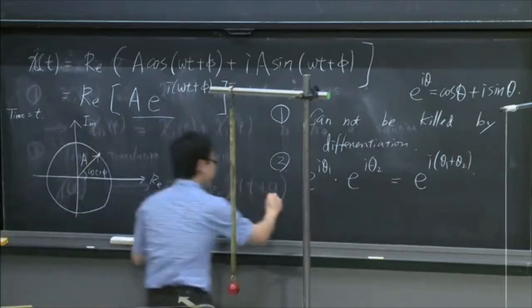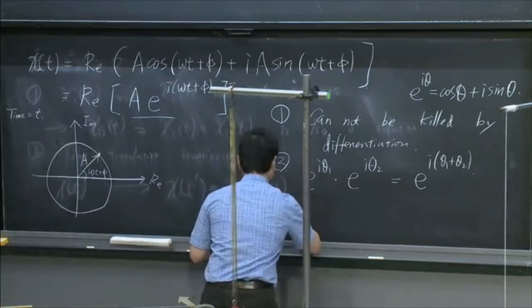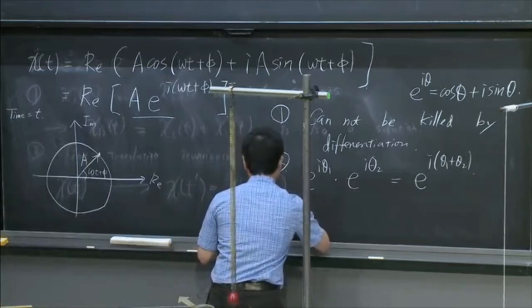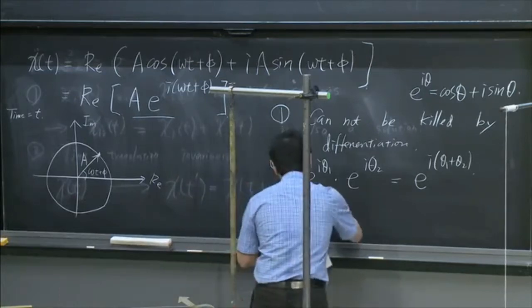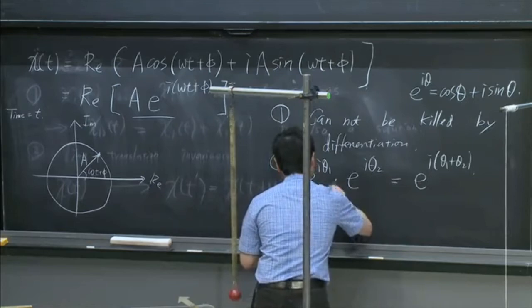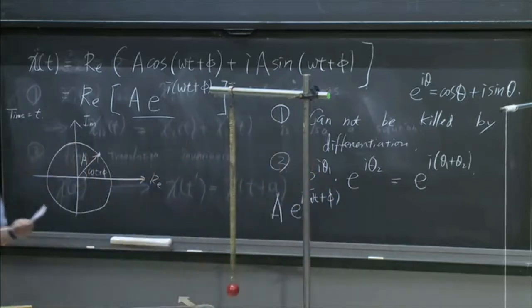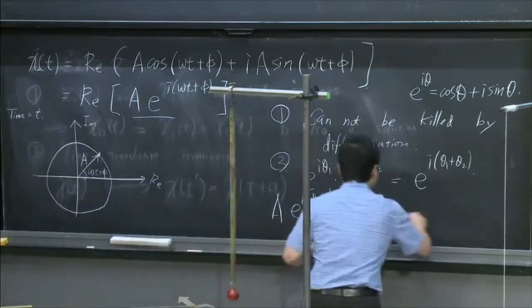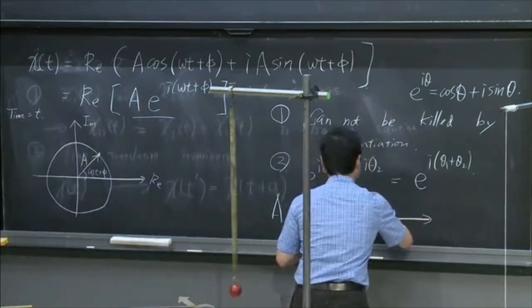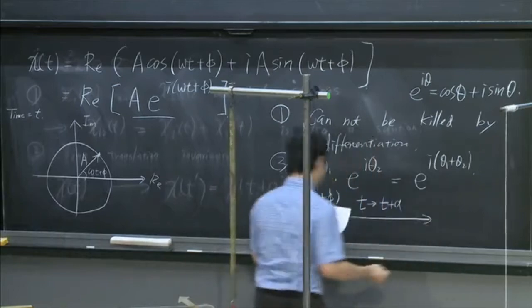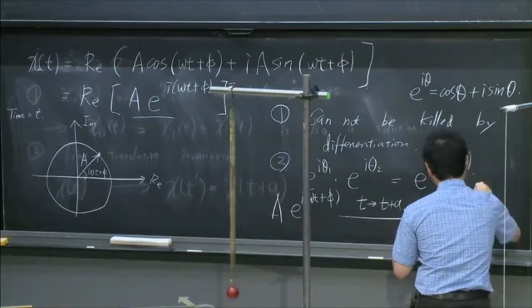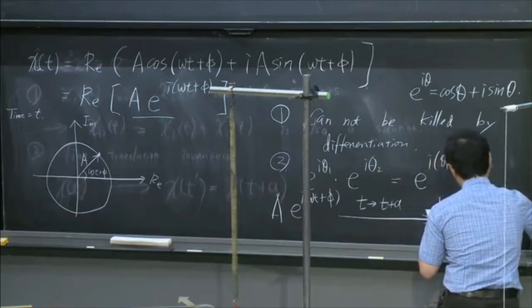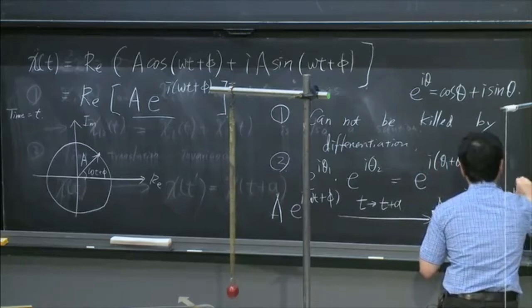That means if I have a solution in this form, A exponential i (omega t plus phi), and I do a time translation, t becomes t plus a, then this becomes A exponential i (omega (t plus a) plus phi).